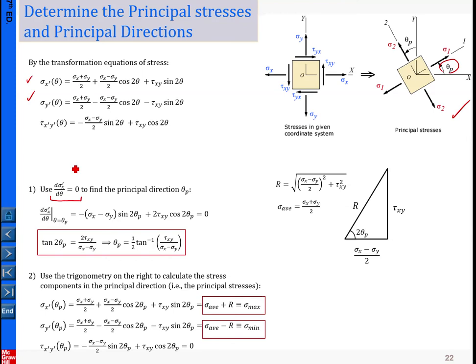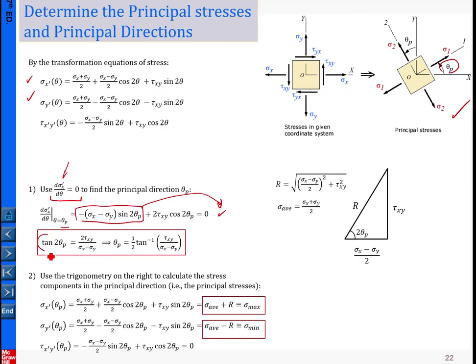We conduct the derivative with respect to theta and set it equal to 0, and this should give the principal stresses and principal direction. That is the whole equation after the derivative is performed. From this equation, by moving terms, for example moving this term to the right-hand side, you can quickly determine the tangent of 2 theta p equal to this value.